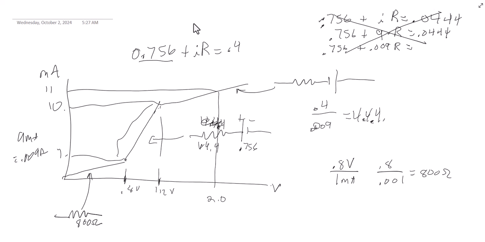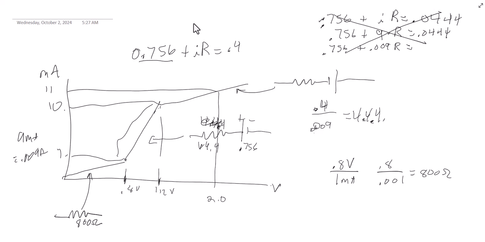And so we had the change in the voltage, 0.4, over 0.009, and that gets us the resistance at 44.4. So that's this part.